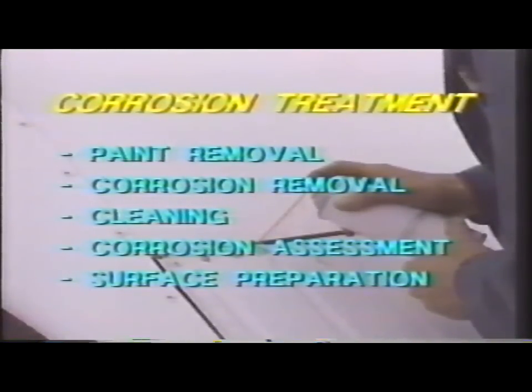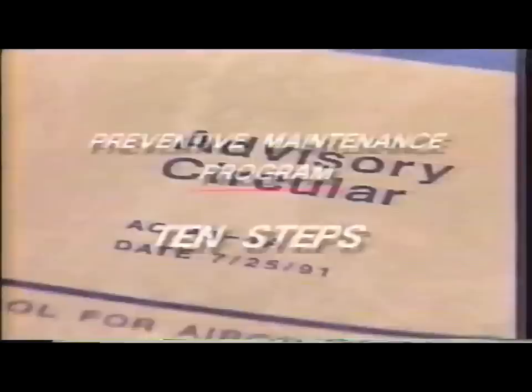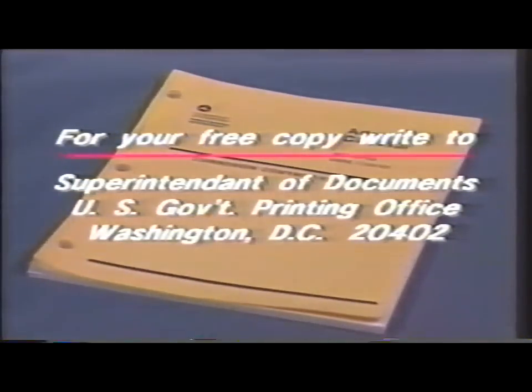And finally, in Part 4, we discussed the basics of a corrosion preventive maintenance program and focused attention on some traditional aircraft corrosion-prone areas. Be sure to get a copy of AC 43-4A, which contains the majority of the information presented to you in this videotape, and use it as part of your corrosion control program.